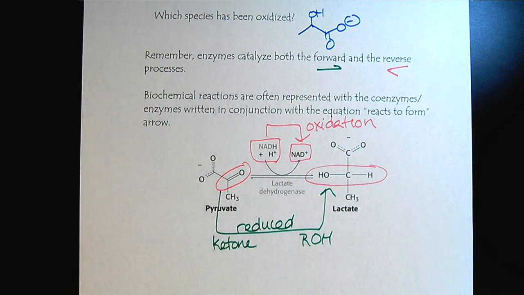Alrighty, so that wraps up this brief overview of coenzymes and cofactors, remembering that the cofactor term we'll use for the metals and the coenzyme we'll use for the organic molecules that are not proteins. Please take some time now to work a few homework problems to reinforce your understanding.